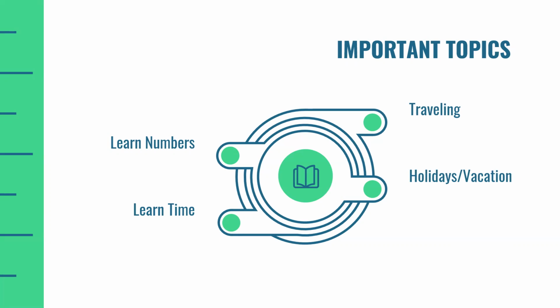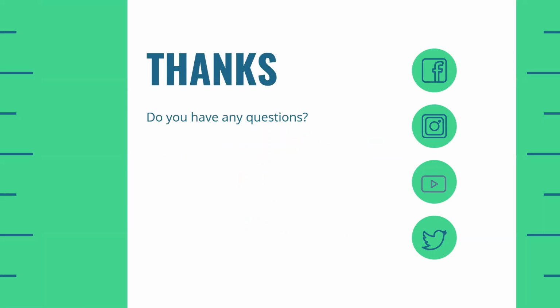And we must also be familiar with the holiday and vacation vocabulary, because this is something which is very much related to the traveling, and we saw that there were number of questions which were related to traveling and holidays and vacation. I hope now you have got an idea of what type of questions you will be asked, and you can also judge your preparation, whether you are prepared to take this A1 exam.